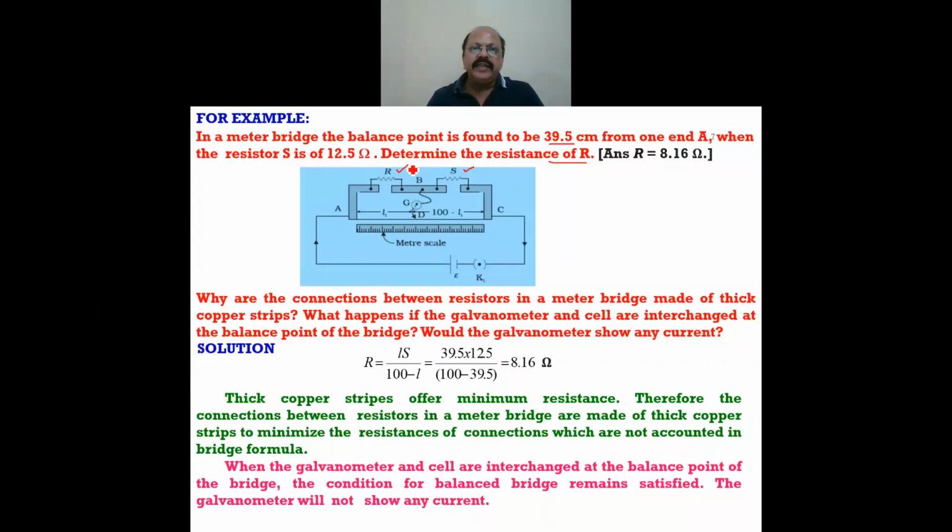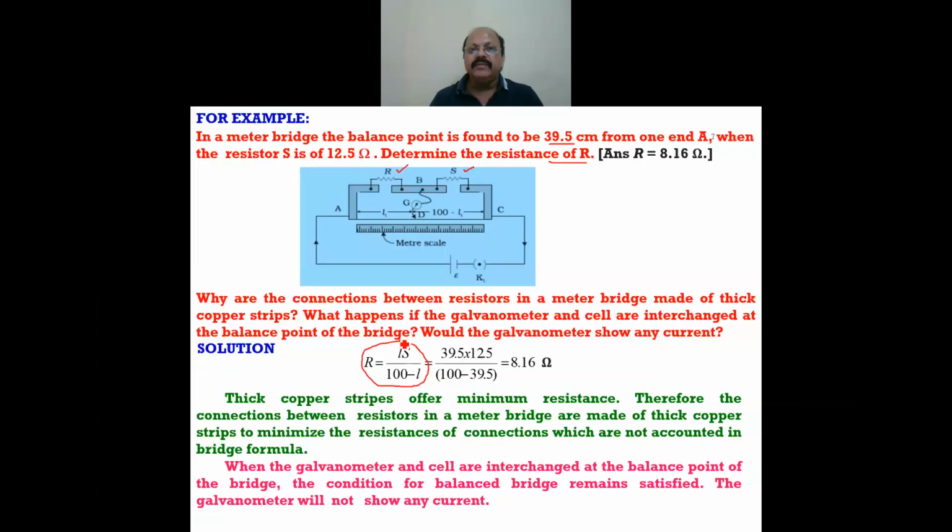I just told you the formula: when we are interchanging the value of R and S, then in that condition the formula is R equal to L upon 100 minus L into S. So the first part you have to calculate by using this formula. You remember it very carefully.